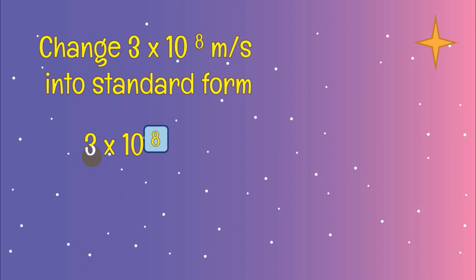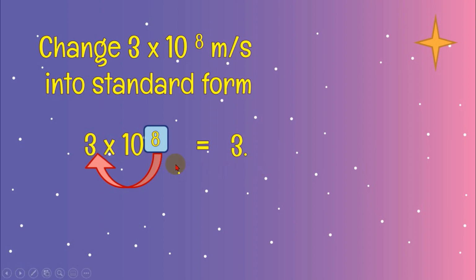Dapat clear sa inyo that all whole numbers have an invisible decimal point right after the last digit. So, ibig sabihin, meron siyang decimal point, nandito lang siya. Nakikita niyo ba? Do not be bothered with an invisible decimal point. Meron yan. Okay?